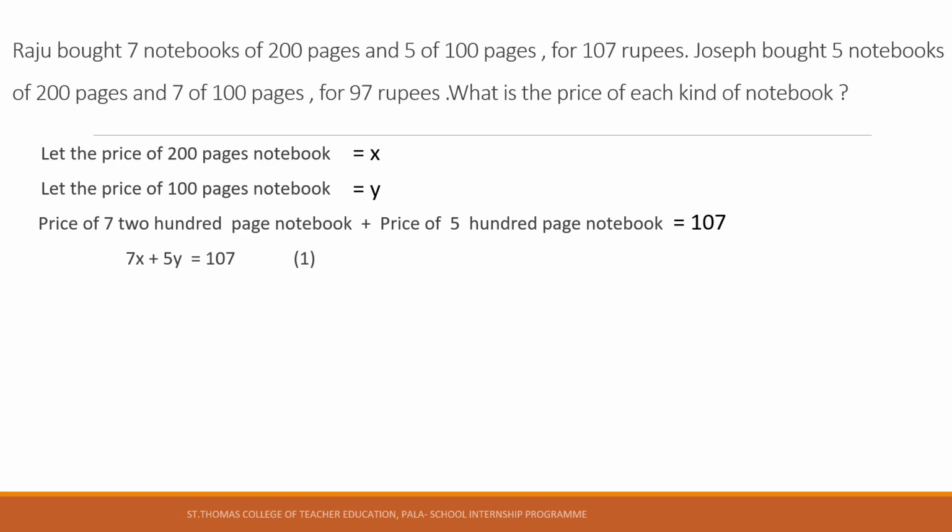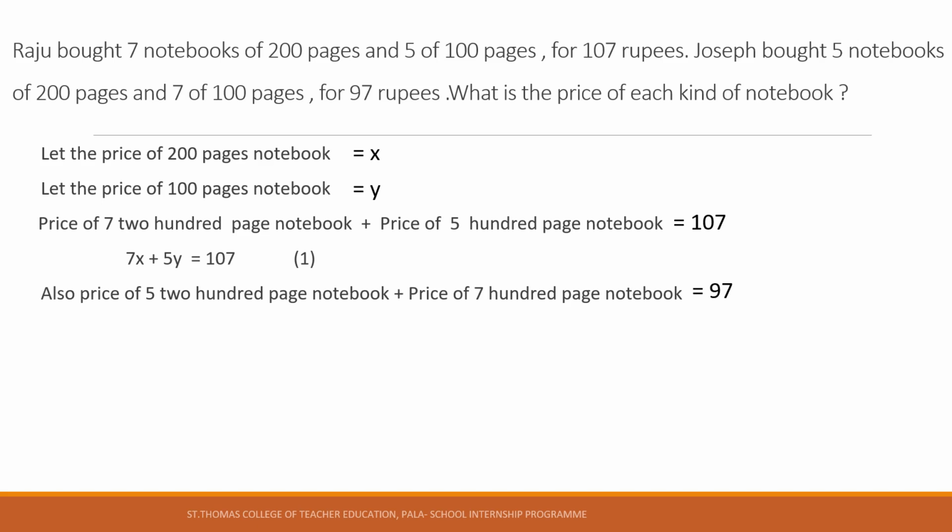What is the second statement? Joseph bought again this kind of book. The price of 5 200-page notebooks plus price of 7 100-page notebooks is rupees 97. Good.